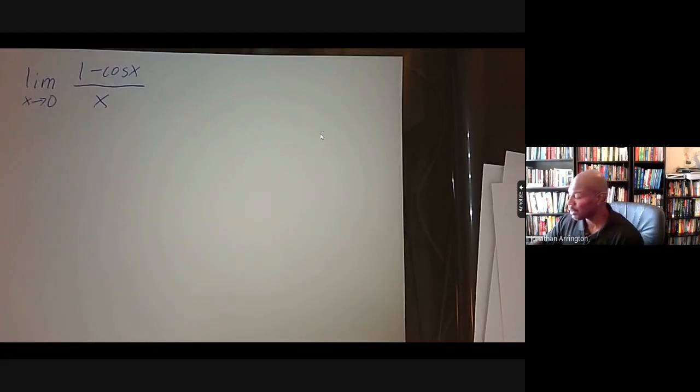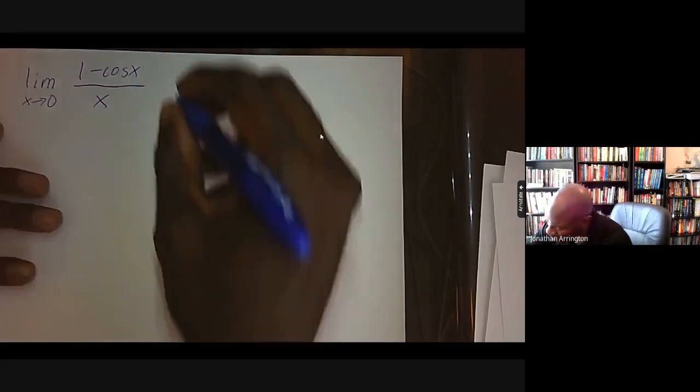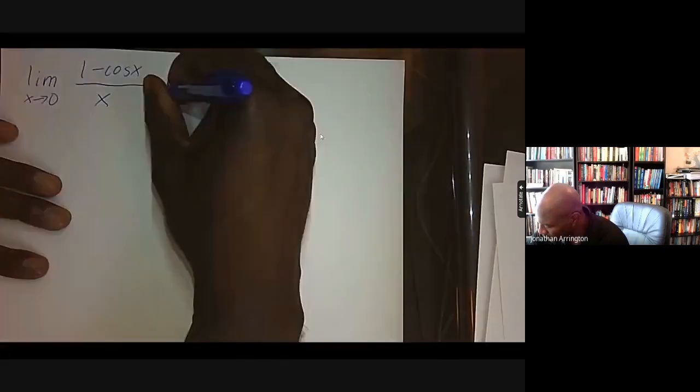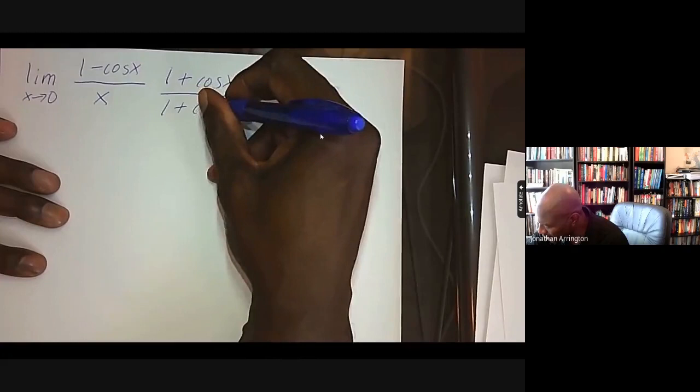If you recall, the Pythagorean identities dealt with the trig functions being squared. So it's very good to use here. So what I'm going to do is multiply the top and bottom by 1 plus cosine x. So 1 plus cosine x over 1 plus cosine x.